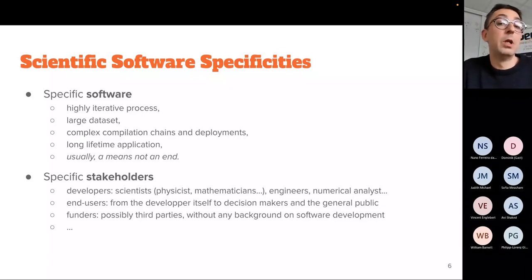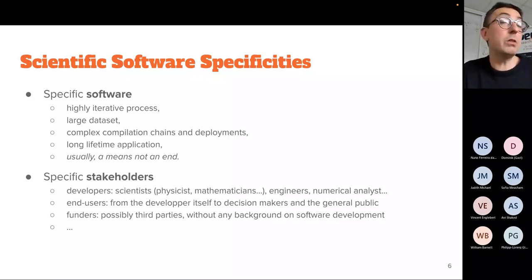The end user is also different in the sense that most of the time the end user is the developer itself. So a scientist or an engineer that develops his own software that he uses afterward for understanding and predicting some situation. But it can be also other kinds of stakeholders that are also beyond the computer science community.